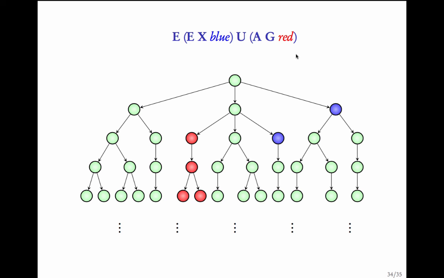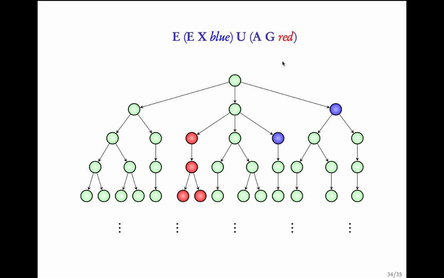This is a fairly complicated formula. This says that there exists a path where something until something is true. You know what is EX blue? Look at this state. Forget about everything, just look at EX blue. This state satisfies EX blue because there exists a path satisfying X blue. Similarly, this state satisfies EX blue because there exists a path satisfying X blue. Now look at AG red.